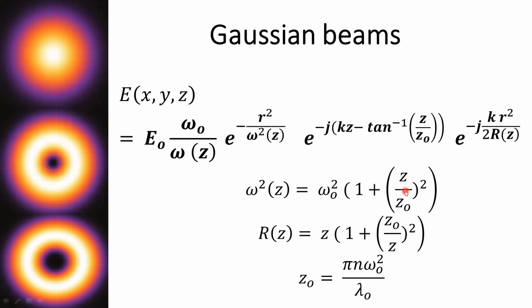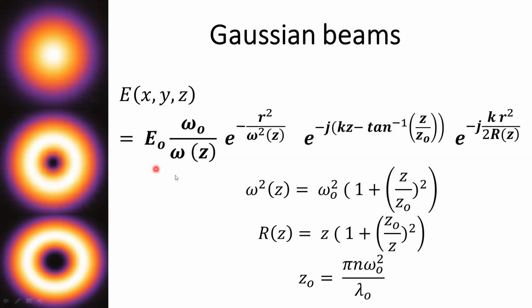When Z is equal to Z node, this term will equal 1, and then omega square will equal 2 times omega node square. Then you will have omega equals root 2 omega node. This E node will be multiplied by omega node over omega node times root 2, so it will be E node over root 2.